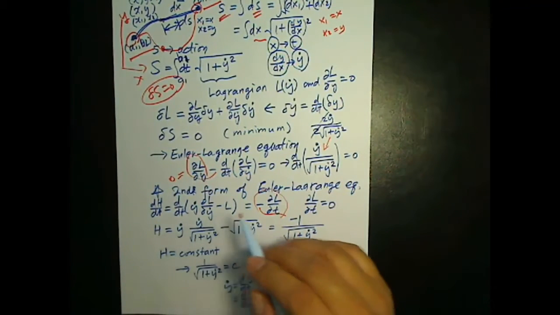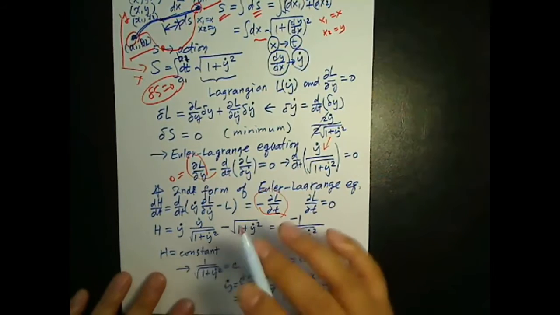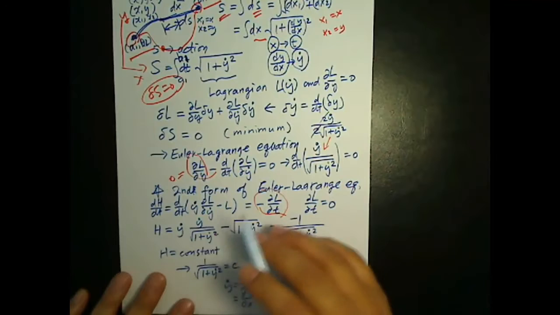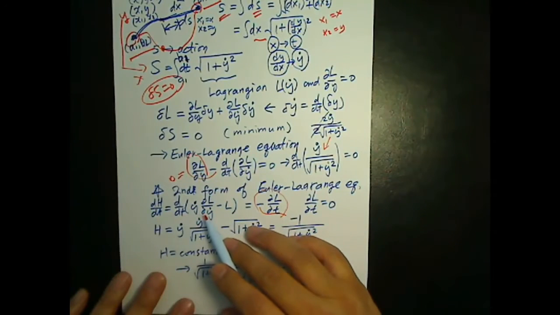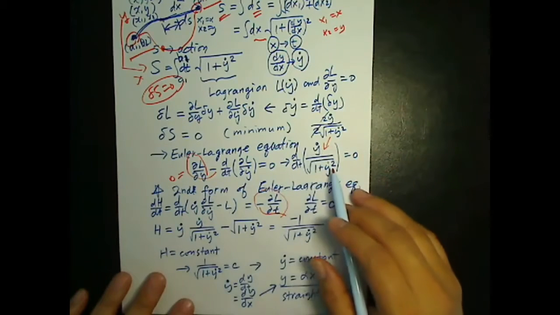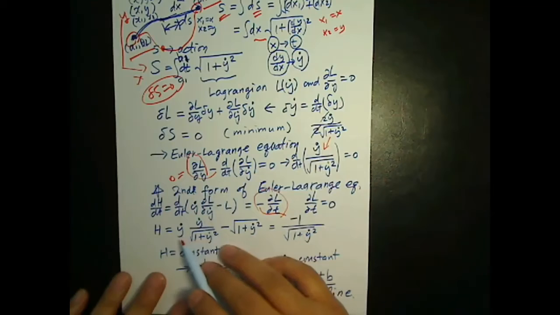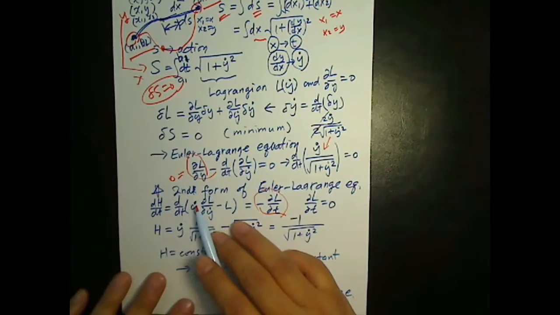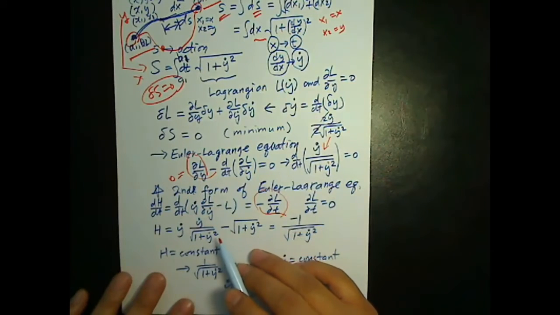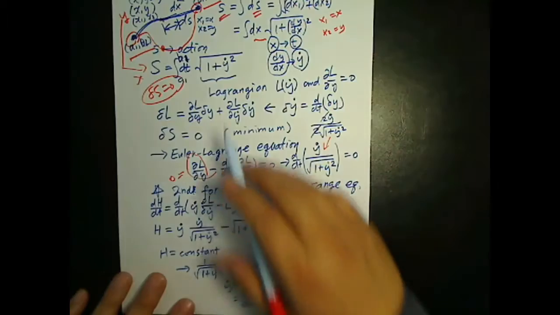So at the end of the day, we have to replace that, but it is not a mechanical problem, we want to find the shortest arc length. So just let us make use of the result. The conjugate momentum here is this one, and substitute this in here. We have a Hamiltonian of y dot times the conjugate momentum y dot over the square root of 1 plus y dot squared, and then minus the Lagrangian.